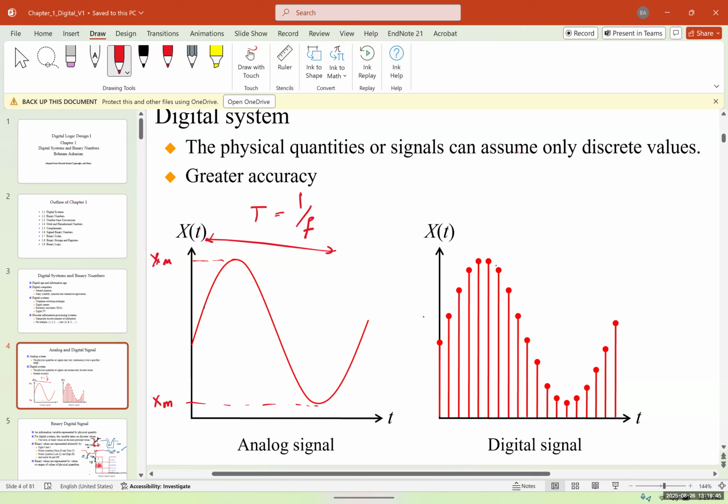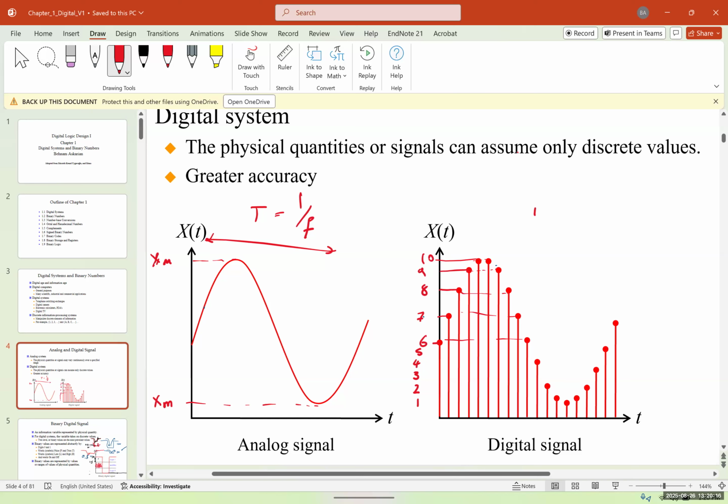In a digital signal, we have the frequency, we have the maximum and minimum. The only difference is here we have discrete signals that can only assume certain values. So for this example, our values could be only, for example, let's say this is 1, 2, 3, 4, 5, 6, 7, 8, 9, and 10 volts.